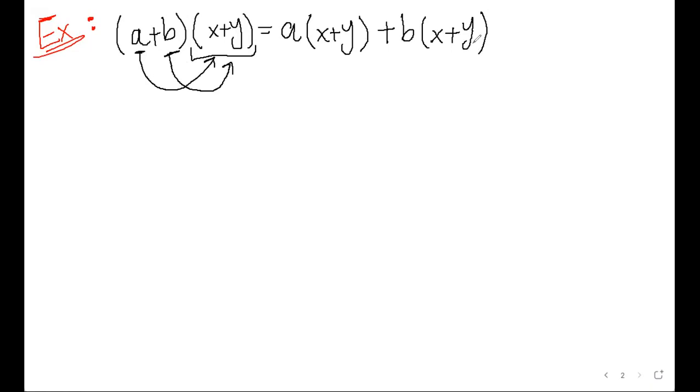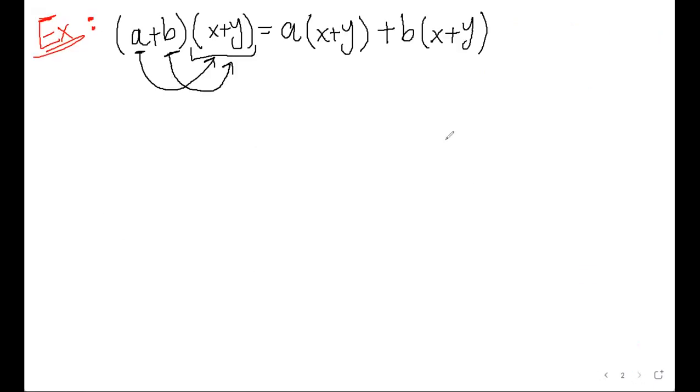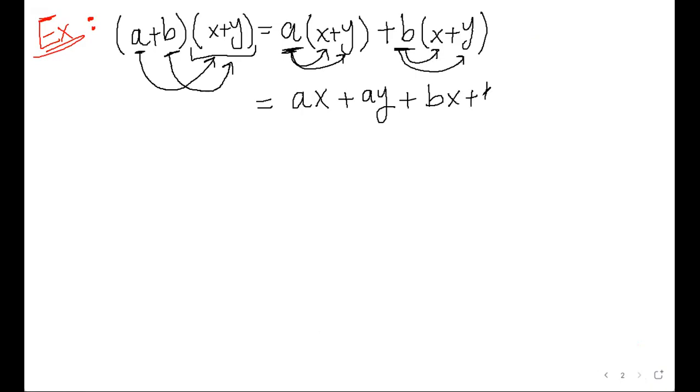And by using the previous slide, the distributive property will be easy for this. So the answer now is equal: we distribute again for the a inside and the b again. So ax plus ay plus bx plus by.